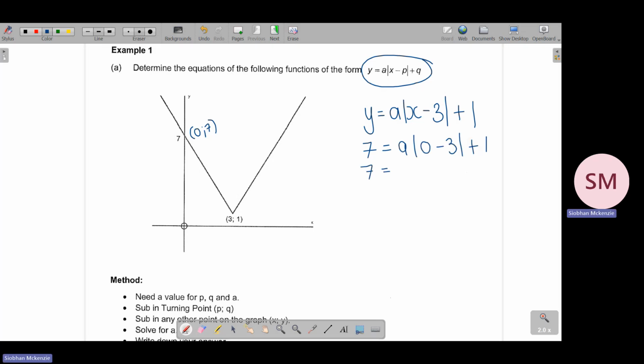That's going to give you 7 is equal to A, absolute value of -3, plus 1. I take the 1 over, do you agree? I get 6 is equal to A times the absolute value of -3. What's the absolute value of -3? 3. When you divide both sides by 3, you get that A is 2. So the final equation of your absolute value graph is y is equal to 2 absolute value of x minus 3, plus 1.